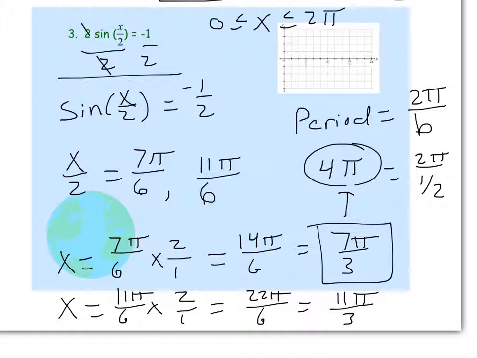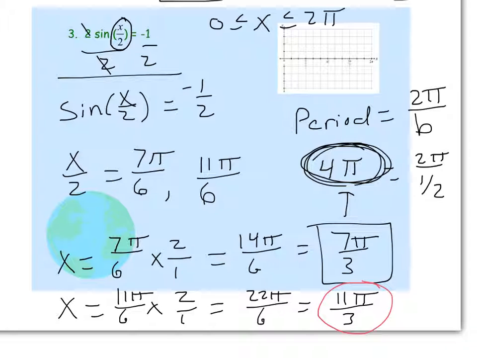Now we've been saying the whole time, and the big point I've been emphasizing is that adjusted period, which comes from the fact that x has been divided by 2. It has an impact on how many solutions we have. And we saw in the first and second example, it led to 2 additional solutions. Look at this one. 11 pi over 3.